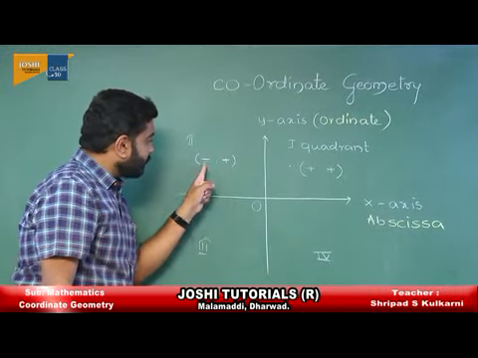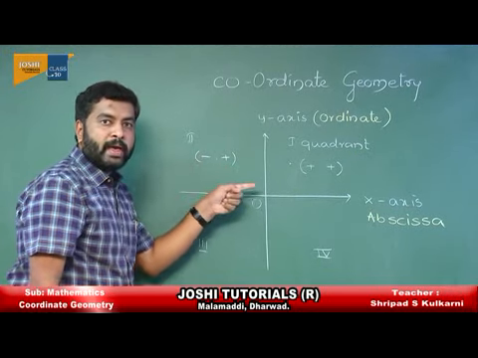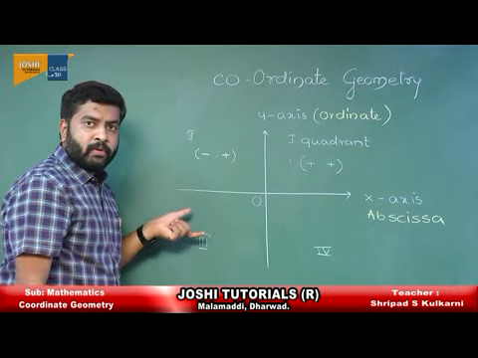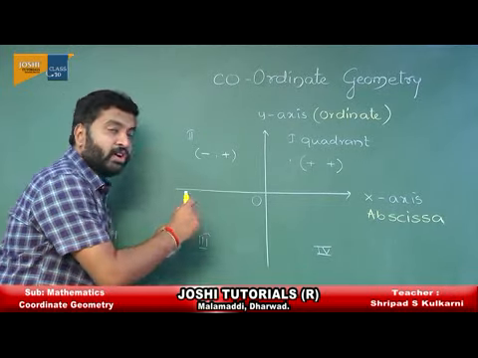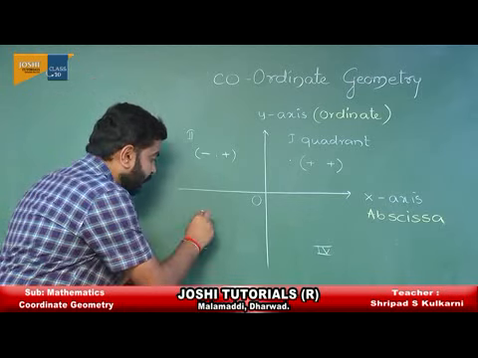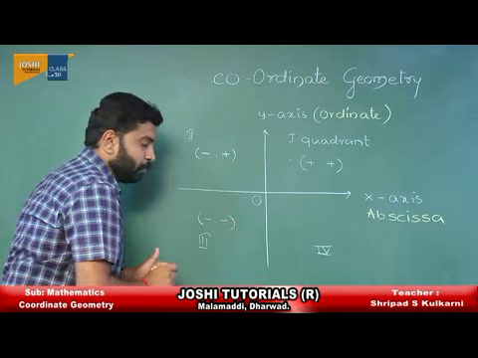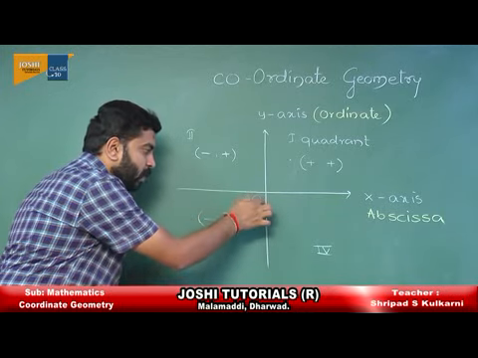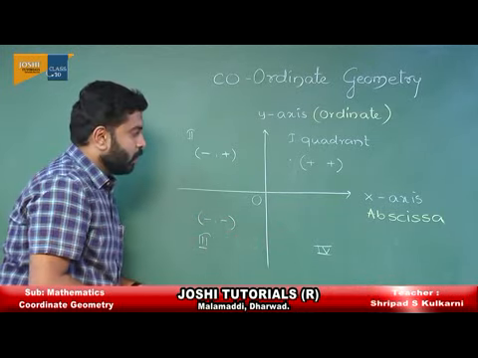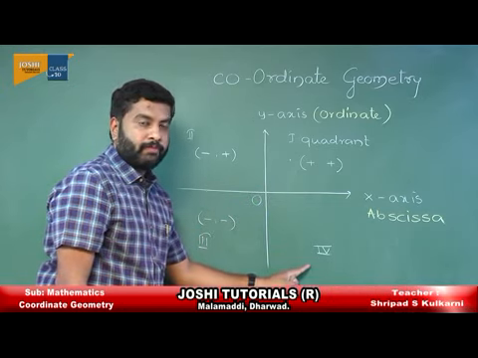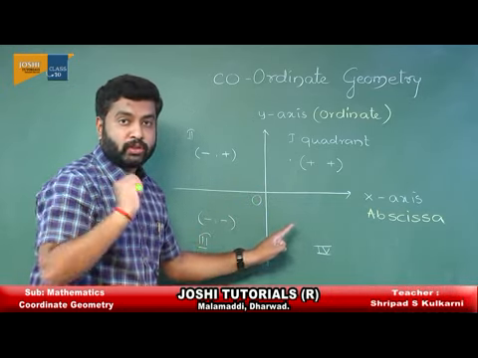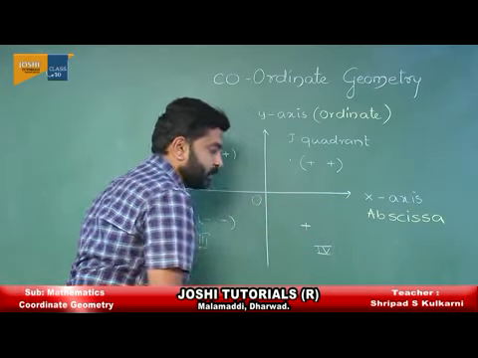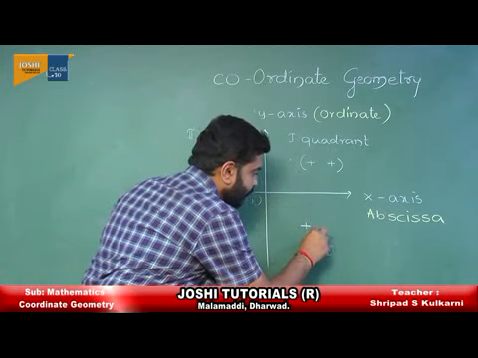It means x is negative, y is positive. Next, if a point lies in the third quadrant, both are negative. Both are negative means x is negative, y is also negative. Suppose if a point lies in fourth quadrant, then definitely x is plus, y is minus.